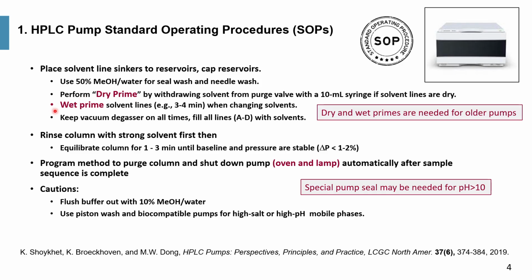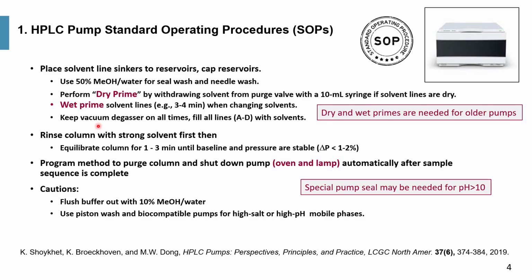Wet prime is needed when changing solvent with older systems and with most systems, which is to operate at a very high flow rate, such as 3 to 4 mL, with the valve open for anywhere from 2 to 4 minutes.